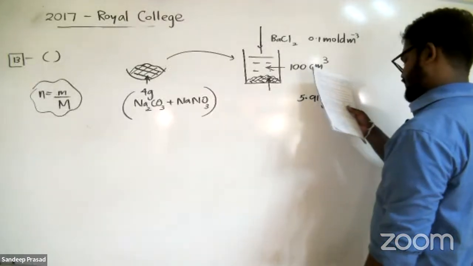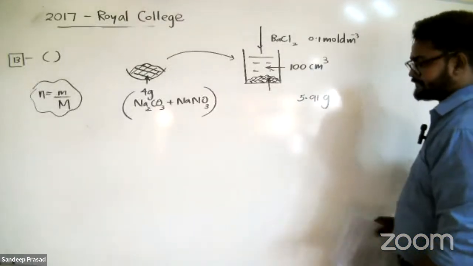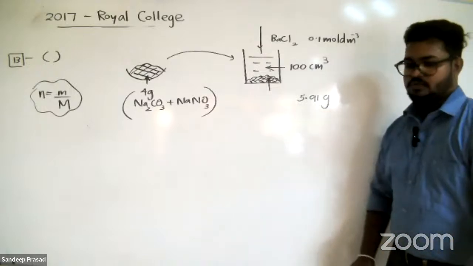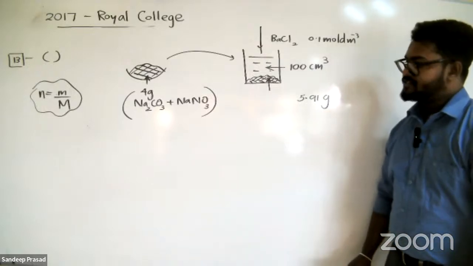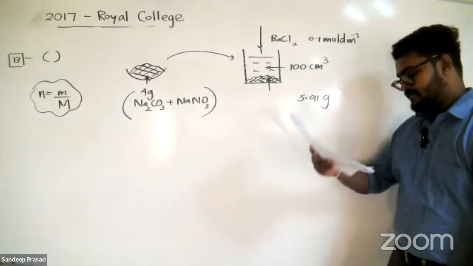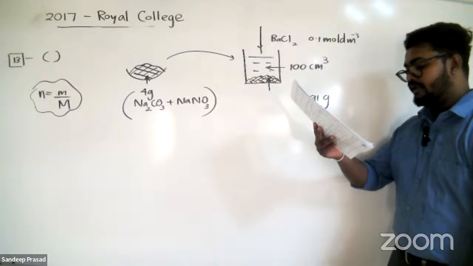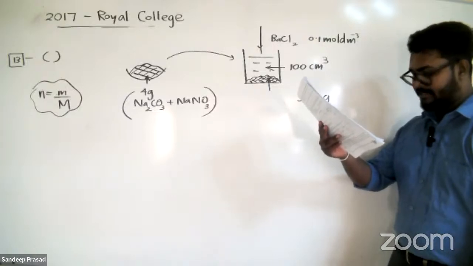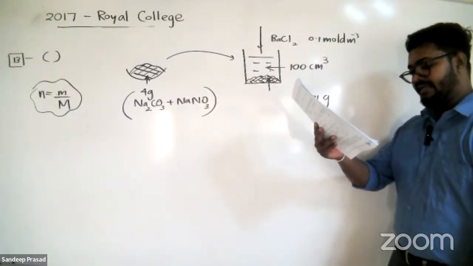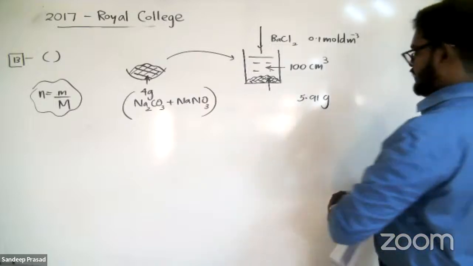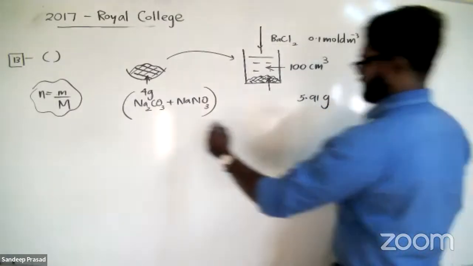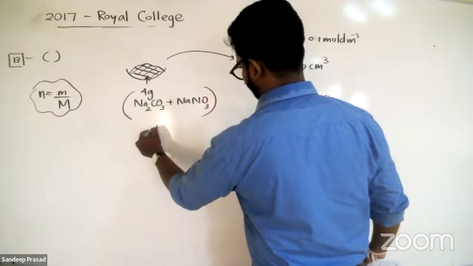The question asks for the mass percentage of sodium nitrate in the sample. How do you find it? They have given a hint. Only barium carbonate is a precipitate, but barium nitrate is not.